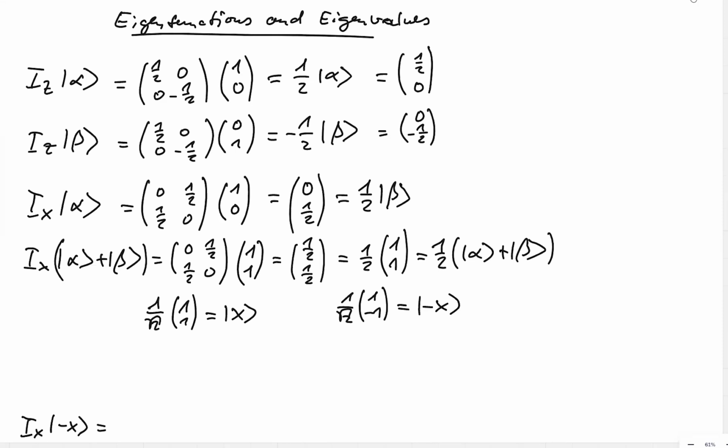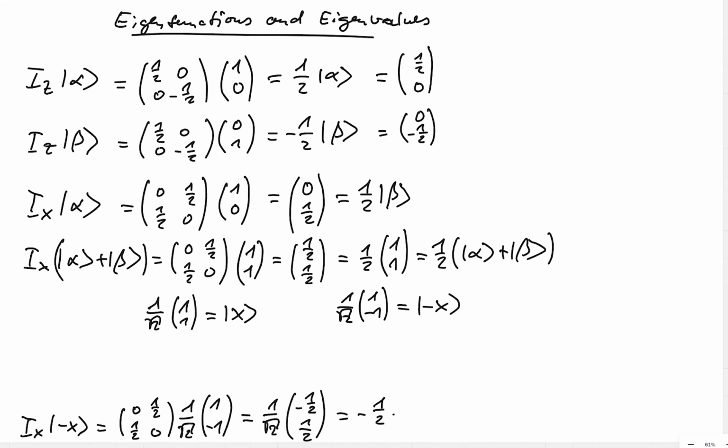So Ix applied to minus x: we have the matrix 0, 1/2, 1/2, 0, multiplied by the minus x state, which is 1 over square root of 2 times 1, minus 1, and that equals 1 over square root of 2 times minus 1/2, 1/2, which is minus 1/2 times minus x, which proves that minus x is indeed an eigenfunction of the Ix operator.